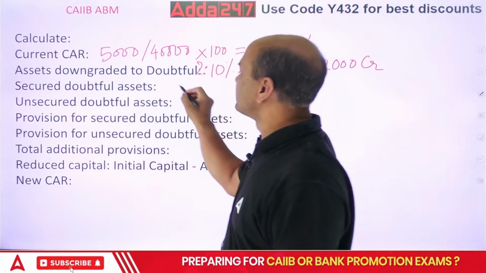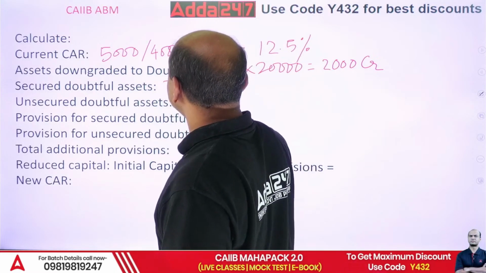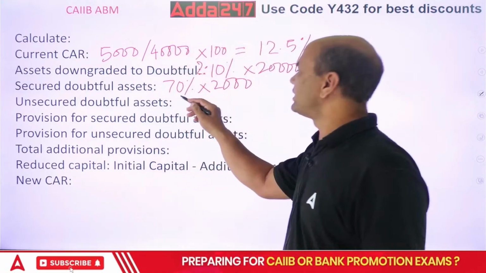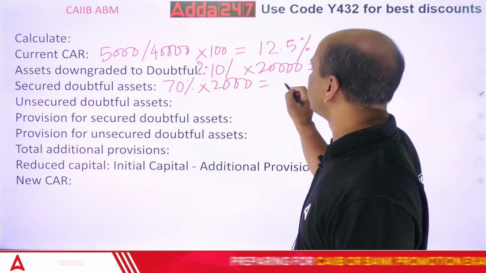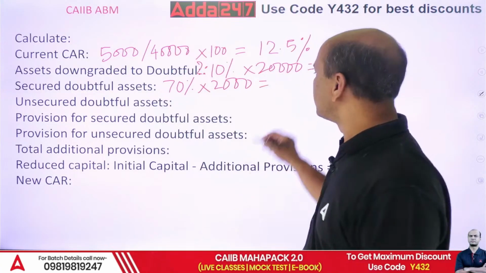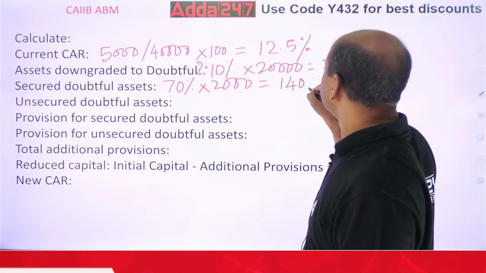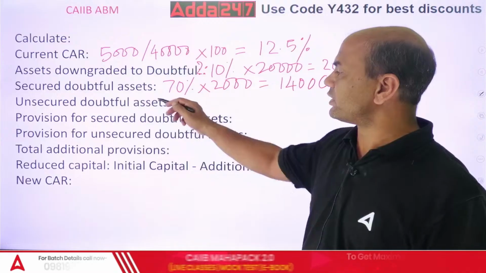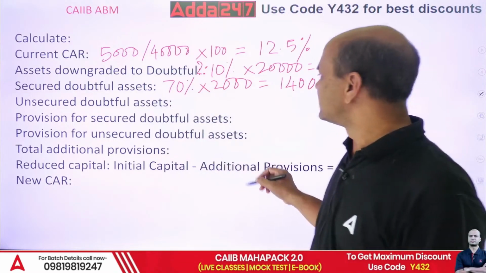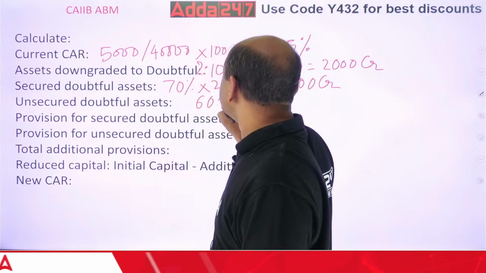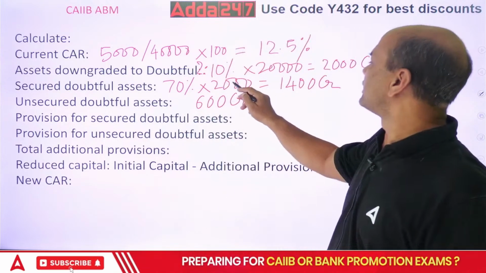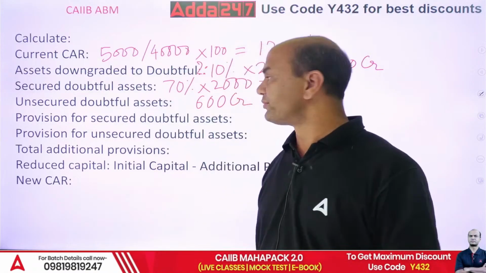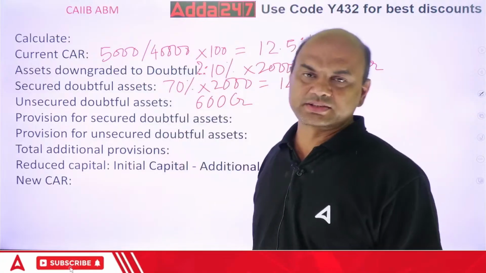So the secured portion will be 70% into 2,000, which is 1,400 crore. This is secured doubtful assets. What is unsecured then? Simple, the remaining one: 600 crore, because 2,000 minus 1,400. So 600 crore is my unsecured doubtful assets.